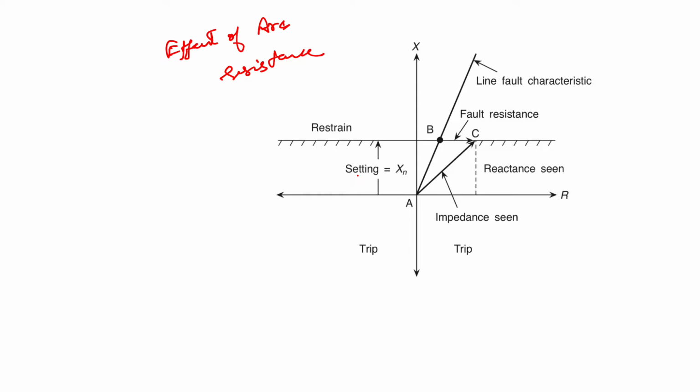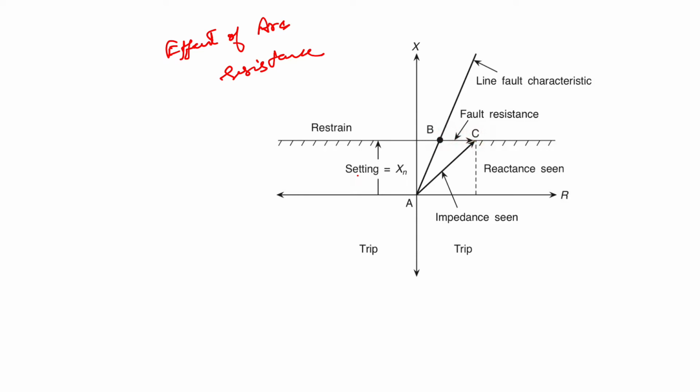From this figure, a line section AB is being protected using the reactance relay, and let us suppose there is a fault at the end of the protected line section, at point B, with a resistance equal to BC.